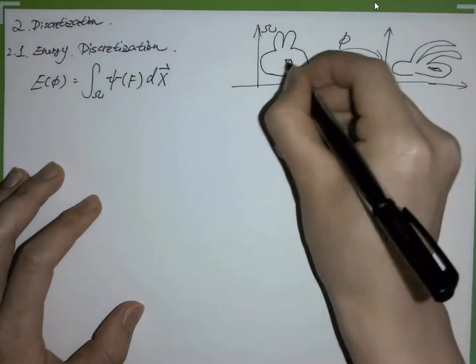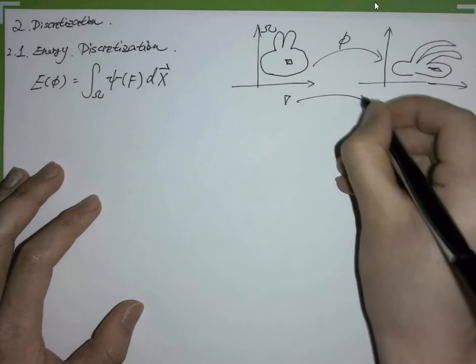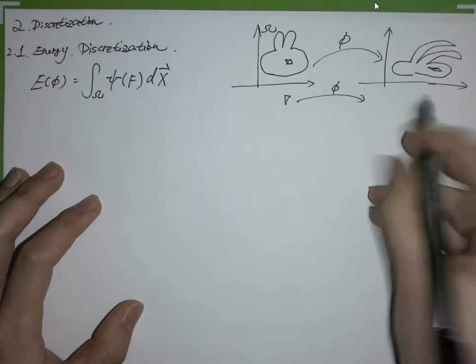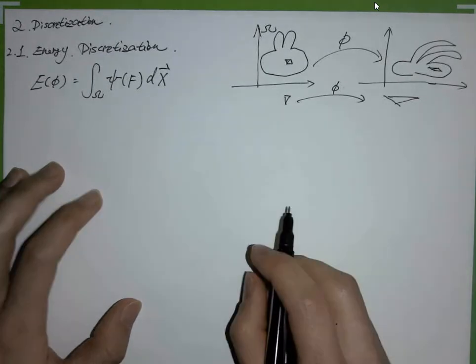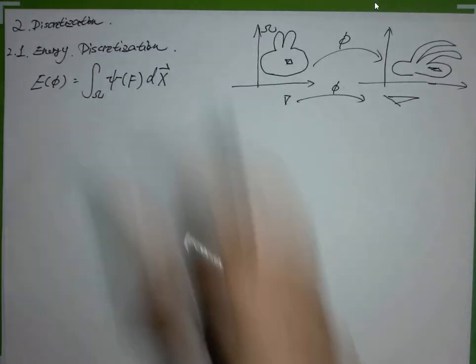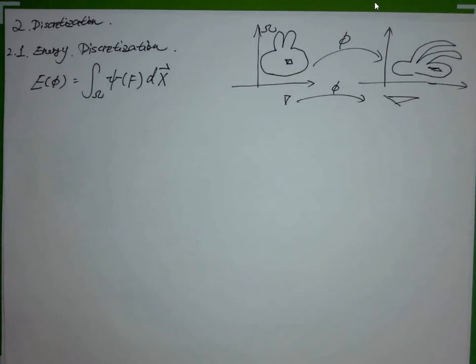For this element here, under the deformation map phi, it becomes this element. And if we sum all the elements together, it should also be the total energy.